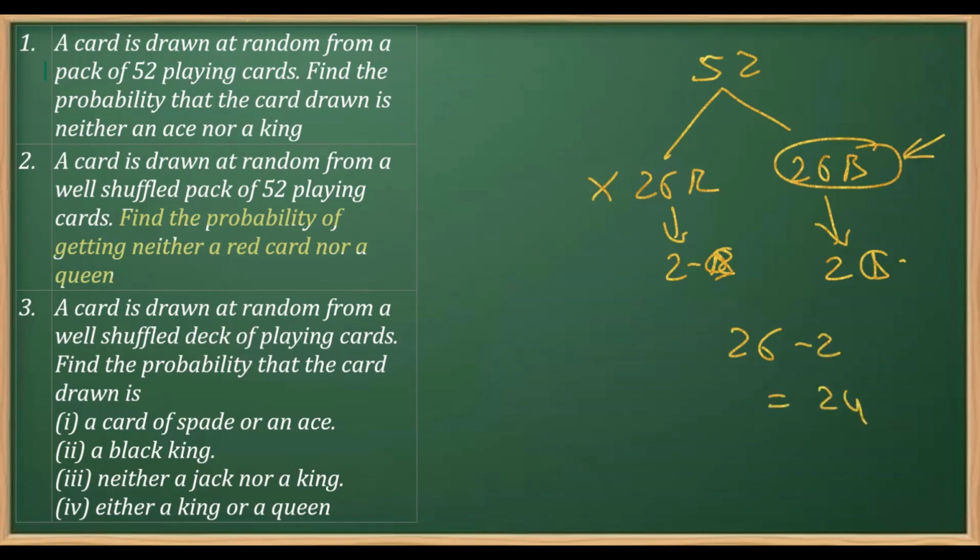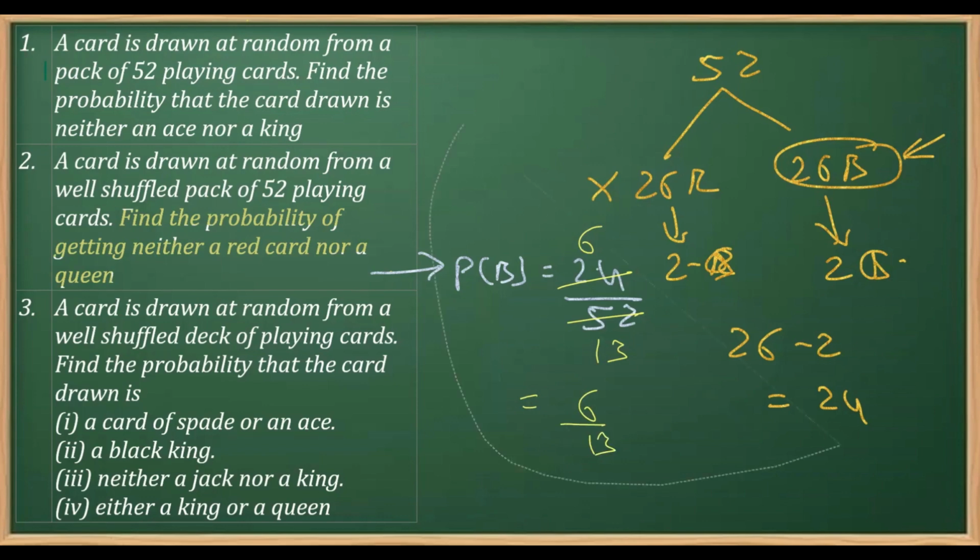So we are left with 24. The required probability for the second part is 24 over 52. It can be reduced, divisible by 4: 6 times 4 and 13 times 4. So 6 over 13 should be the answer for this part.